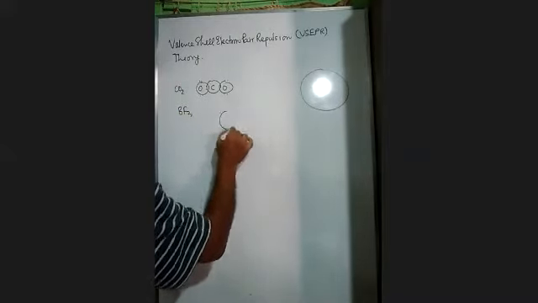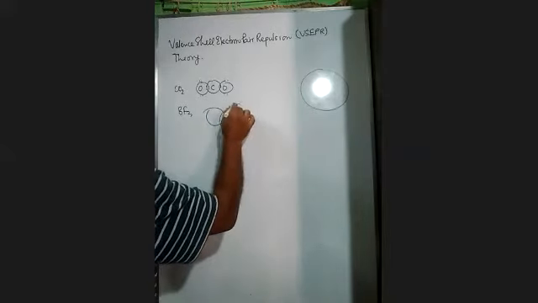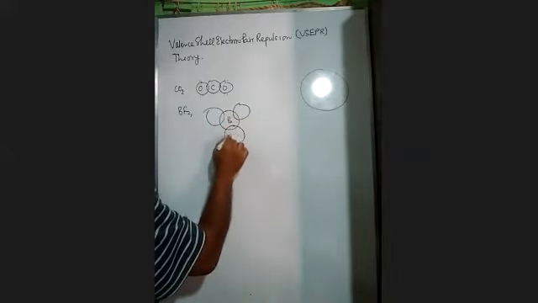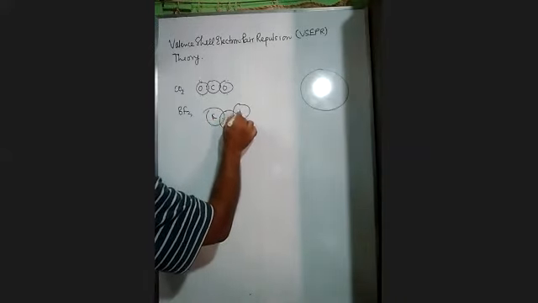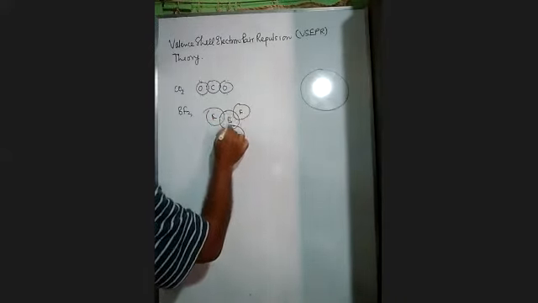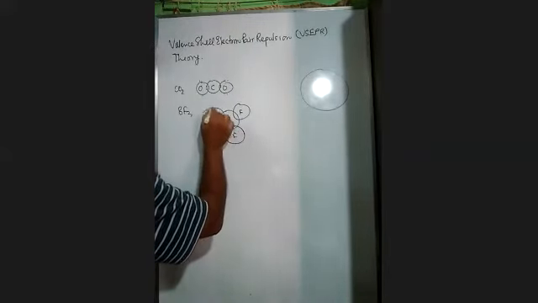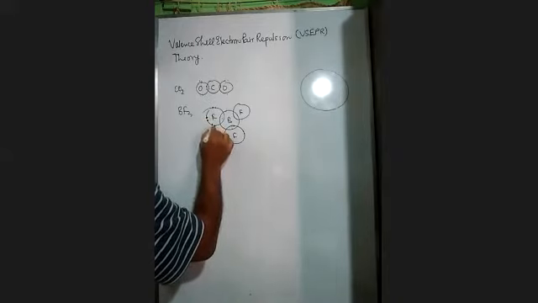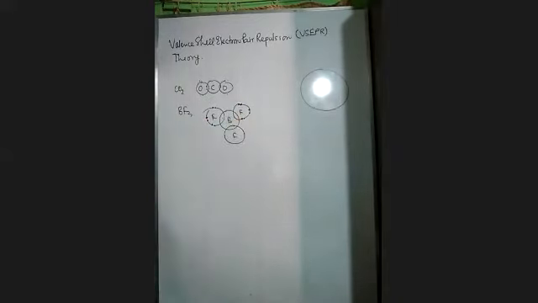Then when you go for BF3, how did you write? Boron, no, don't write. Boron. It was planar.